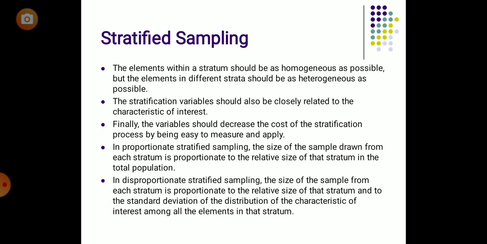For example, the researcher wants to select 100 students from the university, and if the researcher follows stratified sampling, then the first step is that the university students are divided into different strata according to discipline.